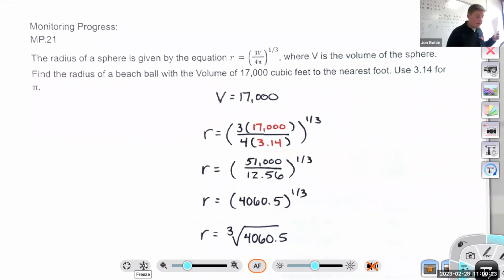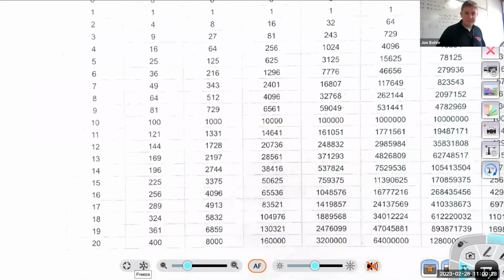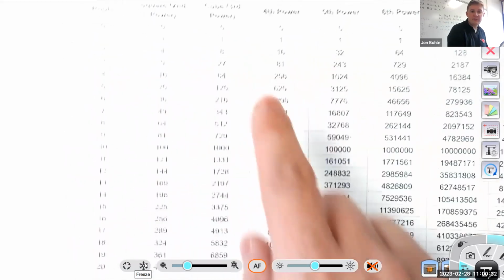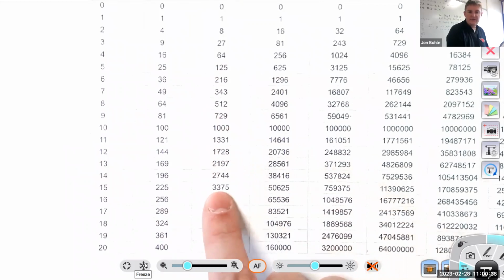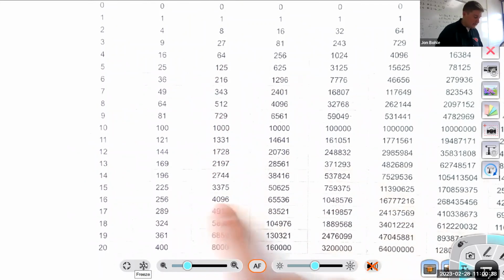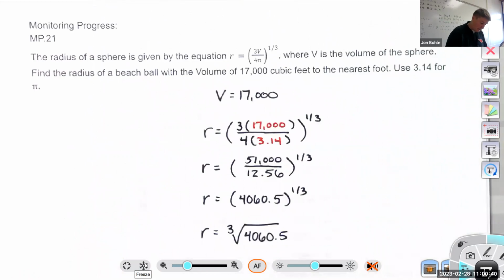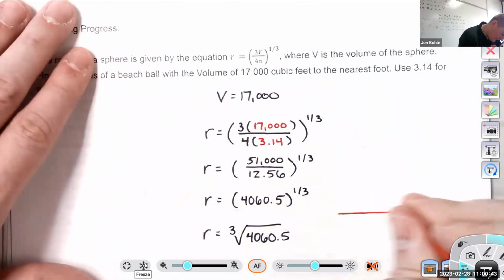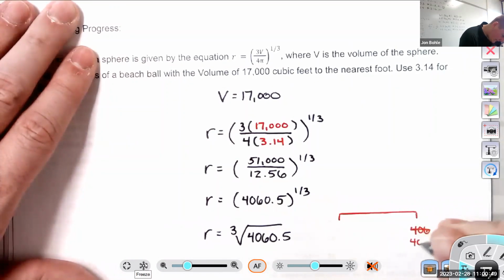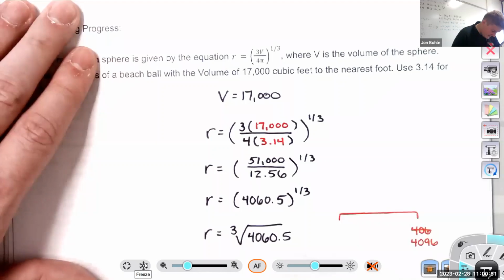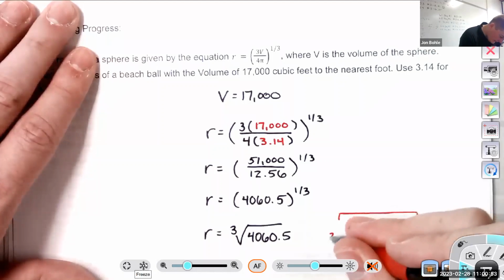Okay, so I just have to find that number. Unfortunately, 4060.5 is not on here. So what I want to find is the two perfect cubes that 4060.5 is in between. So here's 3375 and here's 4096. So I'm going to do that same thing. I'm going to create a little number line. 4096 and 3375.